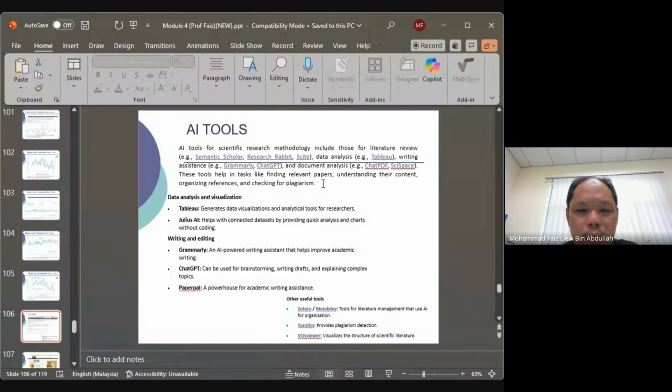But the most important one we always want to use is Turnitin, to check the similarity of your writing with other people's work. We also use Mendeley, a tool for managing and organizing your thesis format, your references and everything. At my time we also used Mendeley and Turnitin.